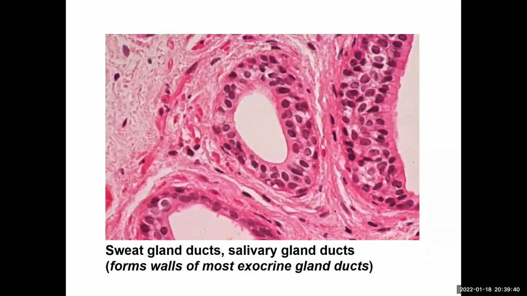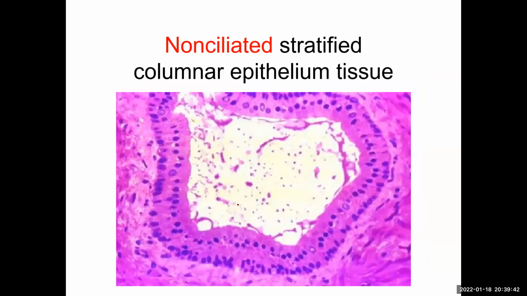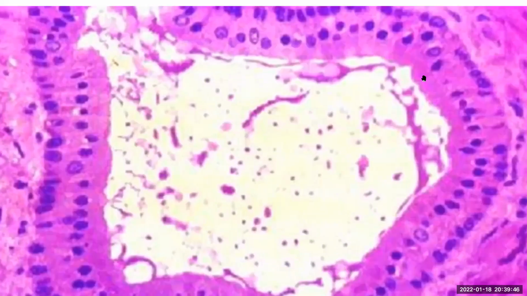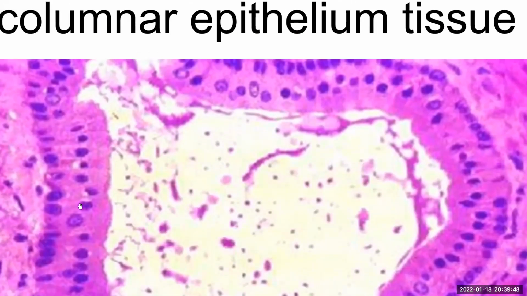Now, when we look at stratified columnar epithelium, notice how you have one nucleus here and another nucleus here. Look at all that space in between the nuclei. Because remember, in columnar epithelium, the nucleus always sits at the bottom or the basilar part of the cell. But these cells are taller than they are wide.